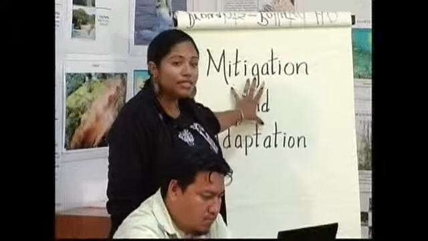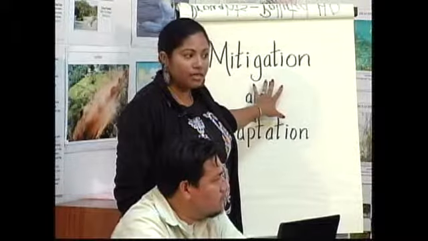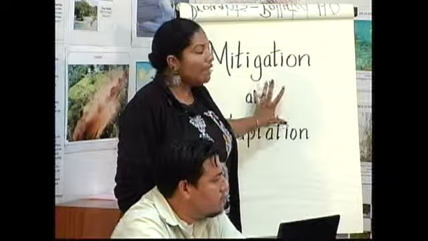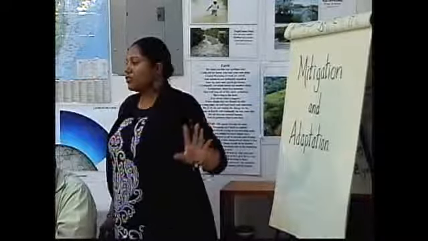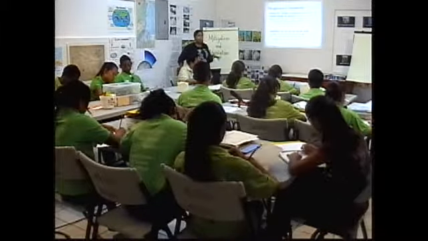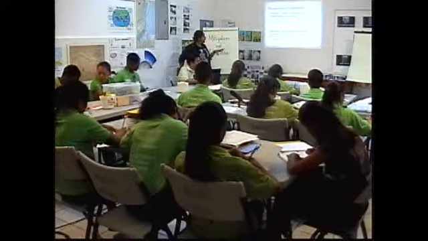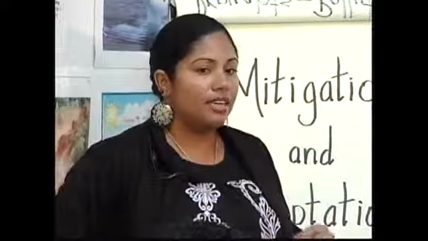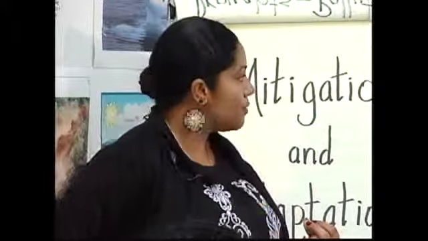So we have countries, mainly wealthy countries, who need to address mitigation because they have to reduce the amount of carbon that they are putting into the atmosphere. And then we have countries that fall in another category, and these are poor countries, and their actions are to help people to better manage the effects of climate change.